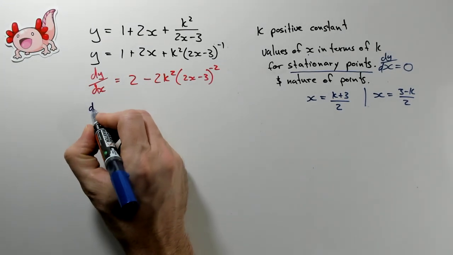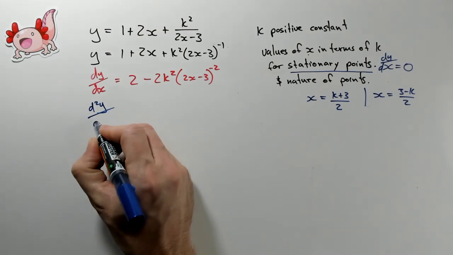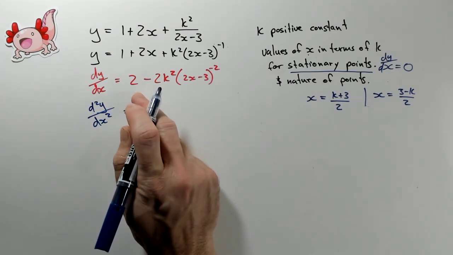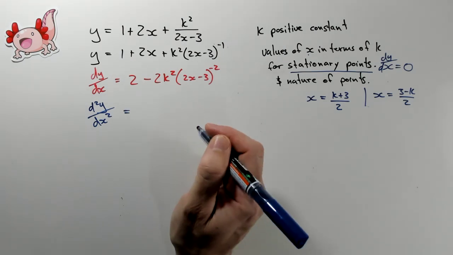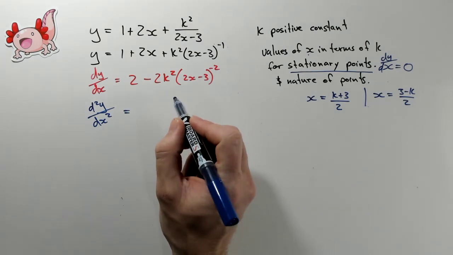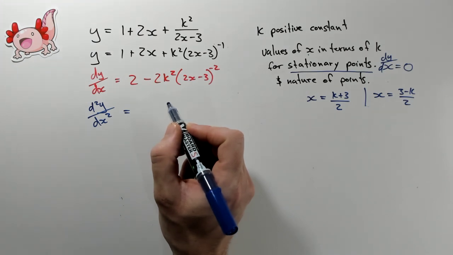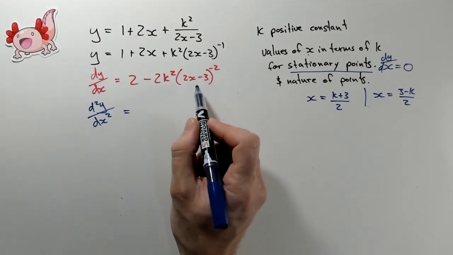dx squared, this will just kind of disappear. And now I'm going to have to do, basically, the chain rule.